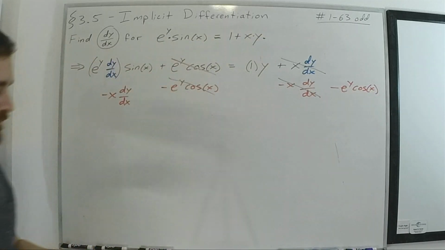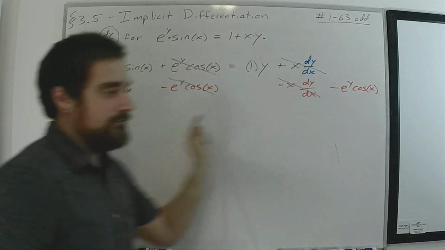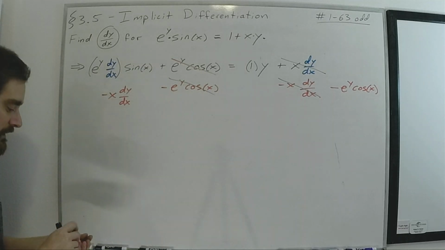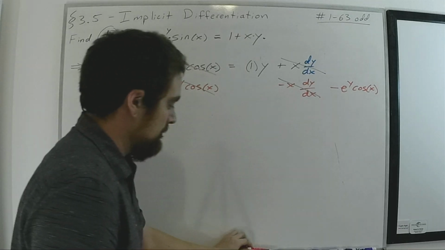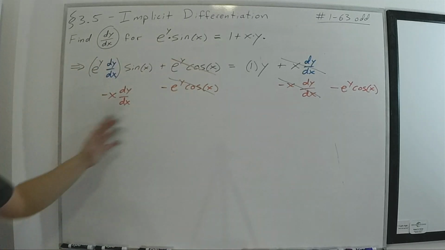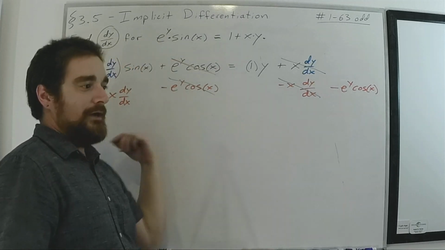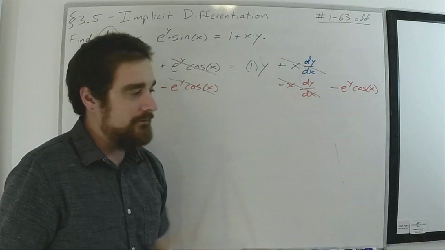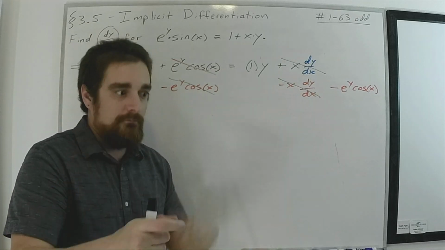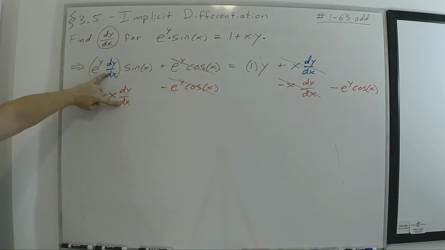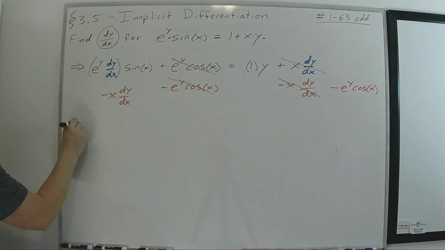All right, so notice I want dy dx equals everything else, so I'm getting my dy dx on the left-hand side, set it up so I can isolate it. So it's just like solving a linear equation or something like that. You want all your x's on one side, all your numbers on the other. Well, now we're not dealing with just numbers and x's, we're dealing with functions. Right? So I want my derivative, which is a function, all those on one side so I can isolate.